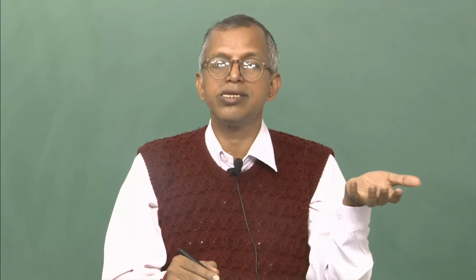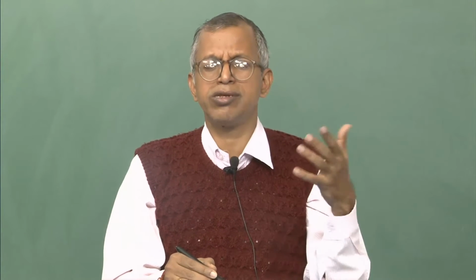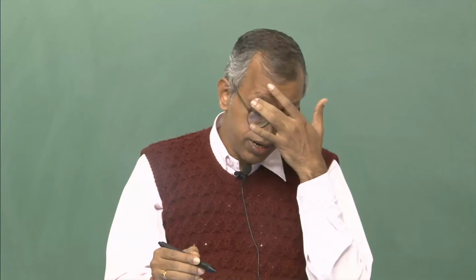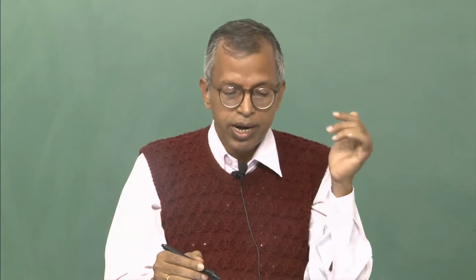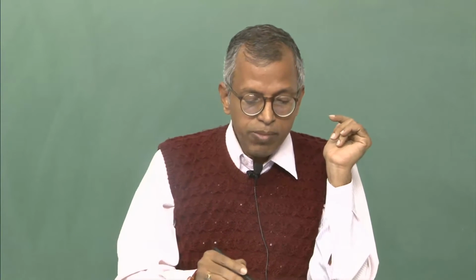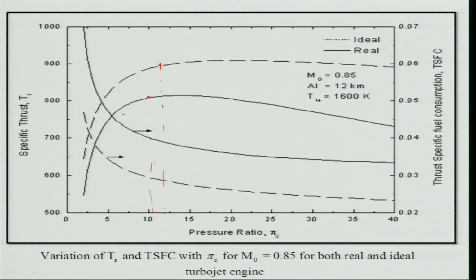So, the specific thrust is lower because a lot of resistance you will be getting, and combustion efficiency will not be proper, it will be less than 1, and pressure losses will be there. Similarly, if you look at the real cycle, the TSFC decreases with the increase in the pressure ratio across the compressor, and the ideal one has a similar trend.